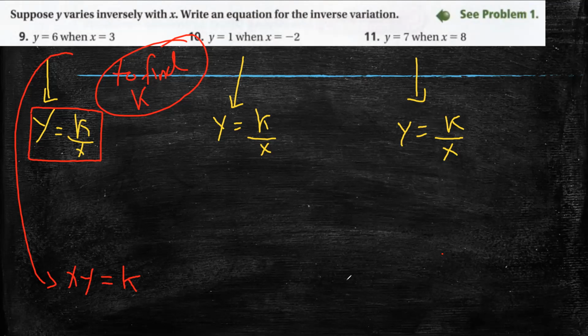So if x is 3 and y is 6, then k will be 18. Since it is inverse, the product of the two variables x and y will be k. So k is 18. To write the equation, I come back here and say y is k, but instead of k, you write 18 over x.